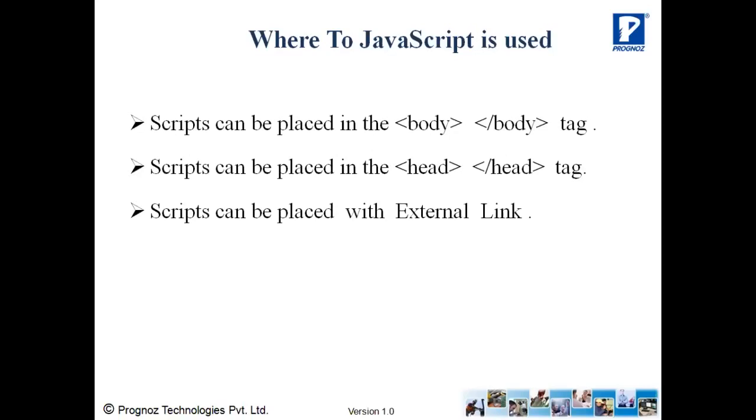And if I want to separate the JavaScript code from the HTML code, then we can simply put that code into an external file, and then you just have to link that external document, the .js file, with our application. So these are the three places where we can put our JavaScript code.